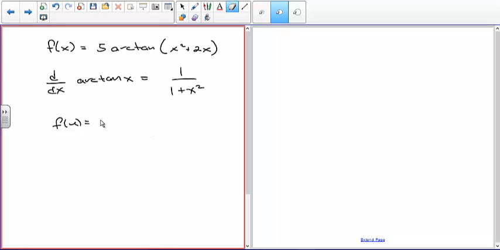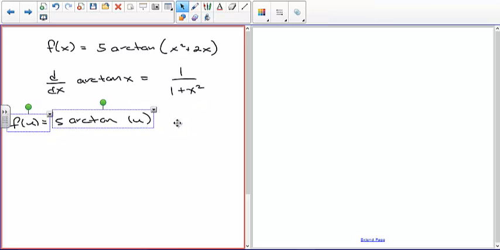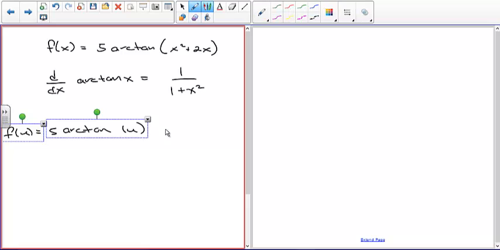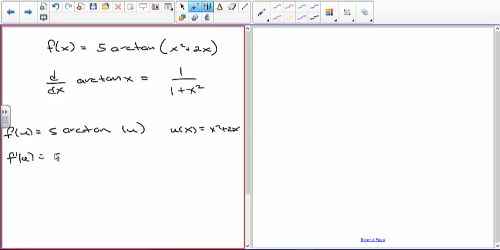Okay, so f of u is going to be 5 times the arctangent of u, where u of x equals x squared plus 2x. So f prime of u equals 5 times 1 over 1 plus u squared, and u prime of x equals 2x plus 2.